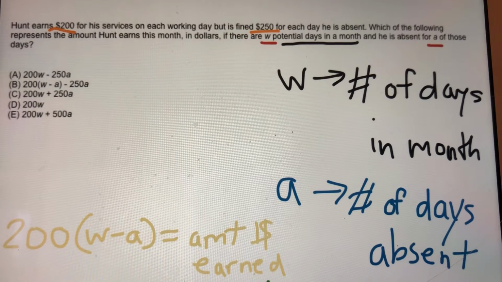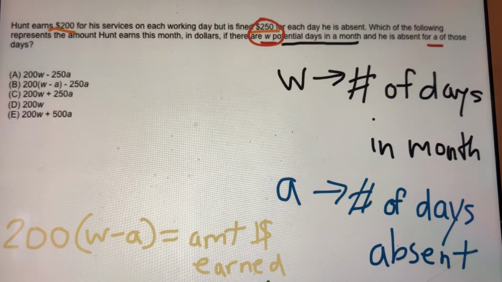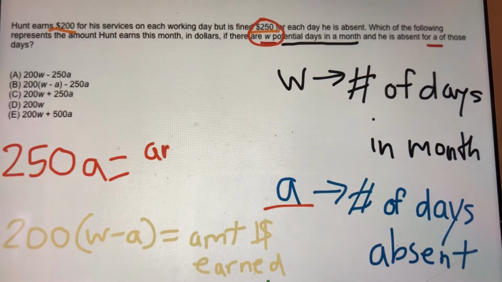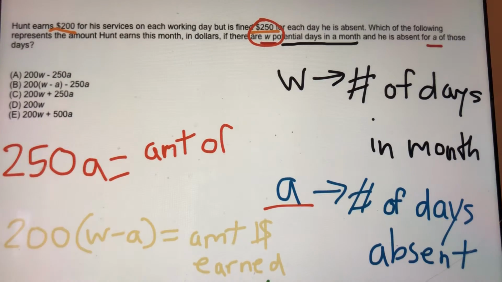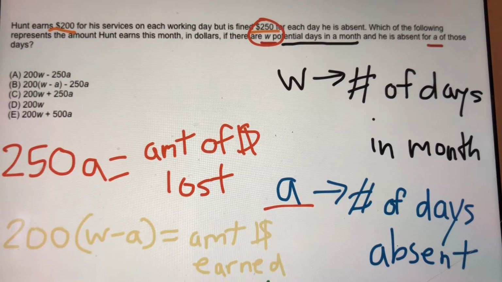So clearly this 250 relates to A. If you take 250 and multiply by A, you'll get the amount of money lost or fined, because A stands for the number of days he's absent, and you multiply that by 250 to get how much money he loses.